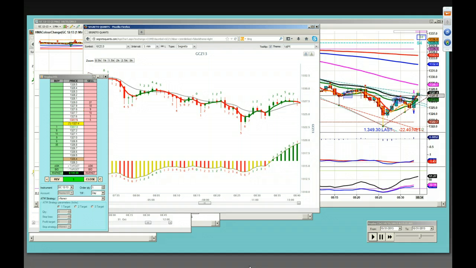So the fact that the brown fractal is crossing the turquoise fractals now says we no longer care about the resistance point. What we have is a significant change of direction.